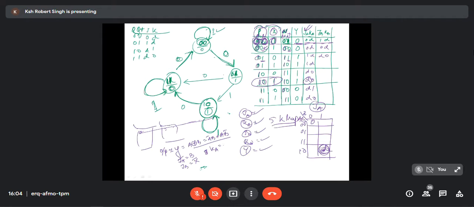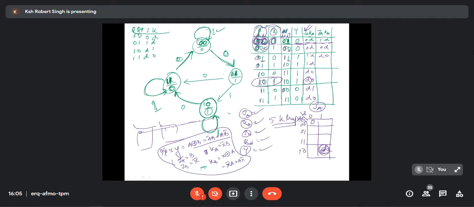KA, you get KA is equal to X bar B. KB is equal to X XOR A. Can you understand? You just note down these things in your notebook and see whether it is coming or not.